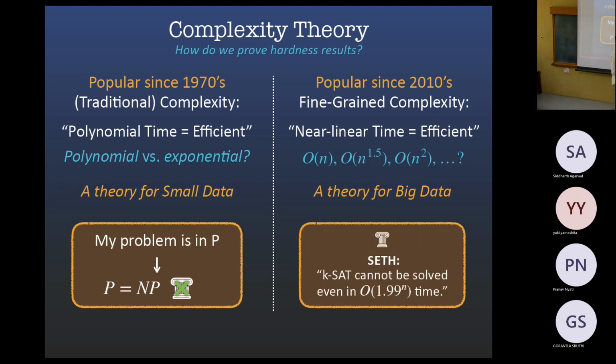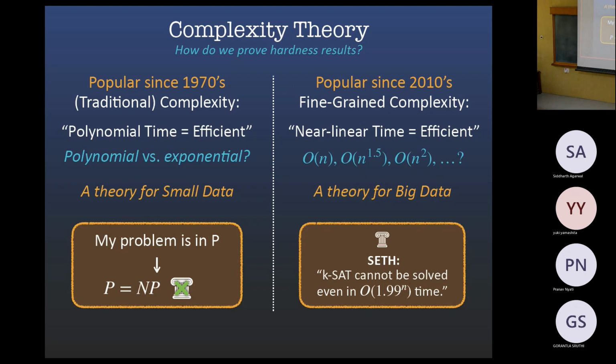And here we do the same, but because the results we're looking for are more precise, stronger, we need to make stronger assumptions. We make several, I'll get to them, but just one example, probably the most famous and popular in this field, is the strong exponential time hypothesis, which says that not only can you not solve SAT in polynomial time, you cannot even do a bit better than 2 to the n.